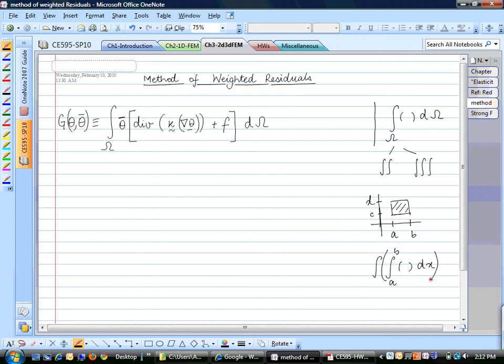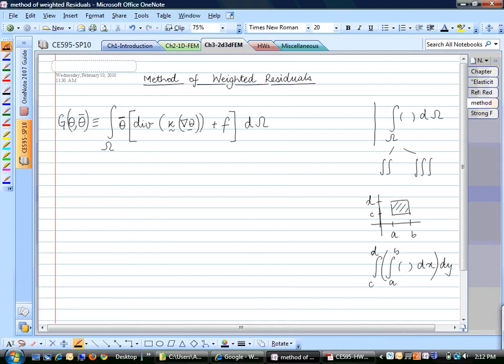You take whatever you get from there, apply dy and integrate that from c to d. You can set those limits only if your domain is rectangular or square. If it is a general type of domain, you actually have to parameterize it and use a special double integration. You have to be careful about that.